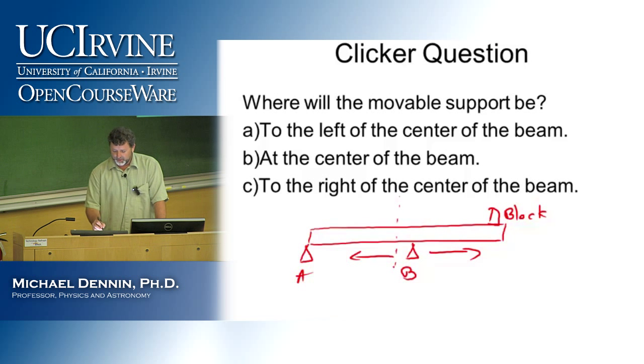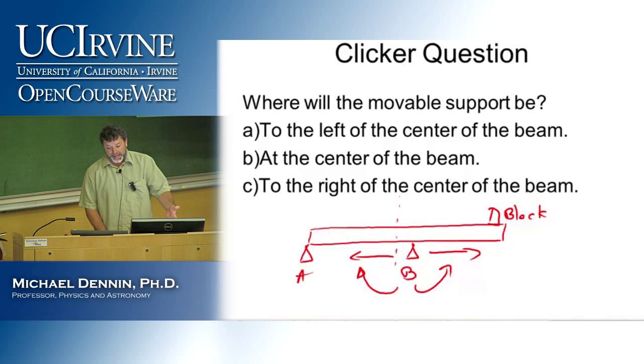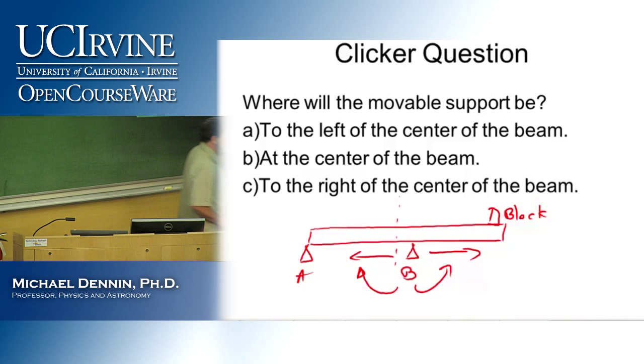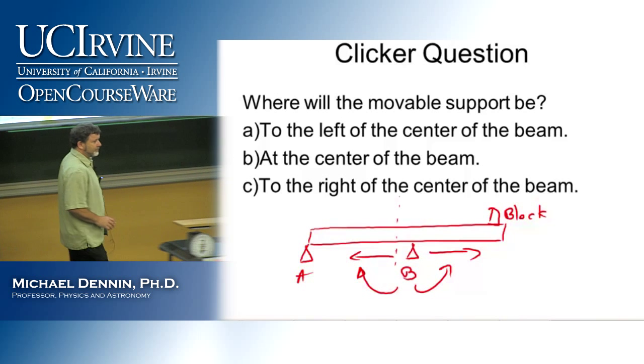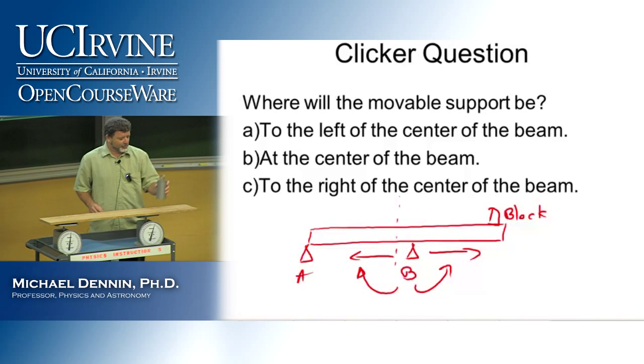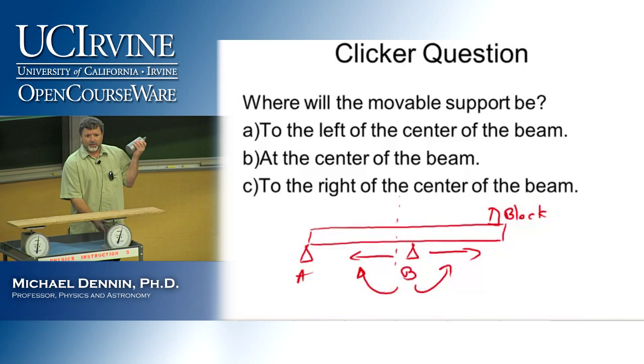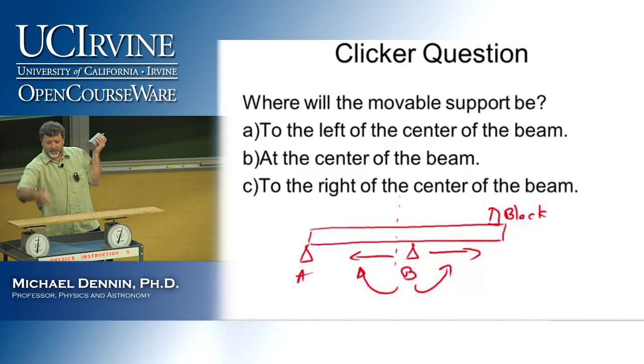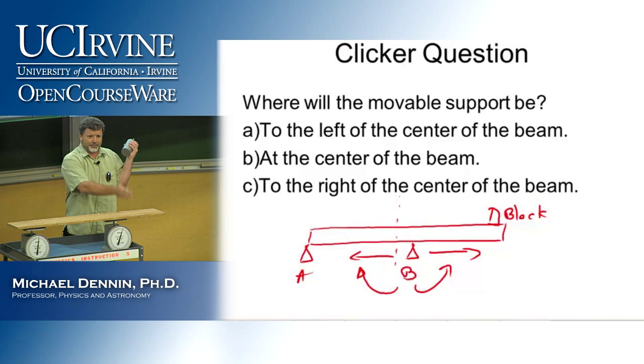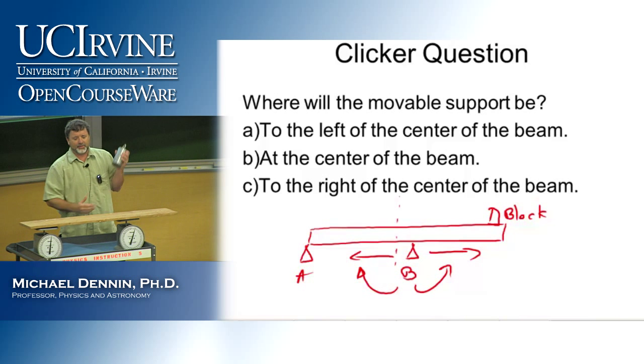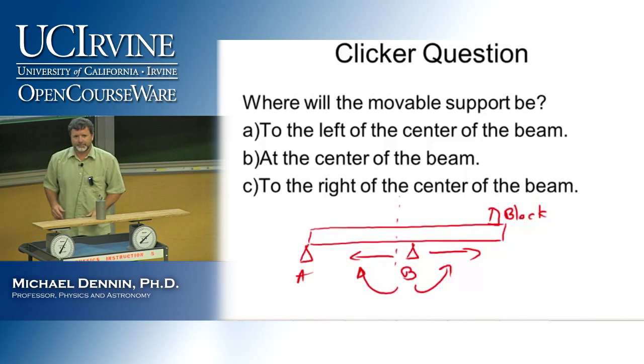And here's the center. Do I want B on this side of the center or this side of the center for this to work? Or do I need it right at the center of the beam? So I'm going to put the mass over here, and the question is, does this support end up this side of center, or right at the center of mass when I just flip?